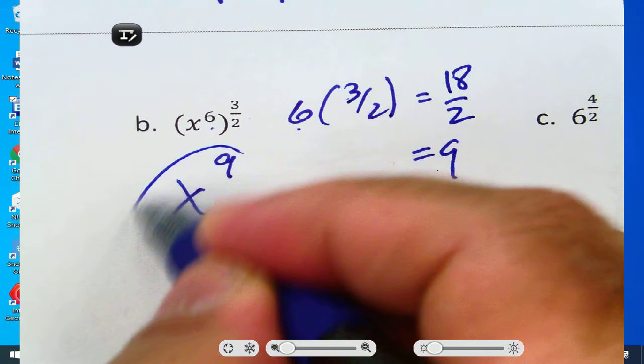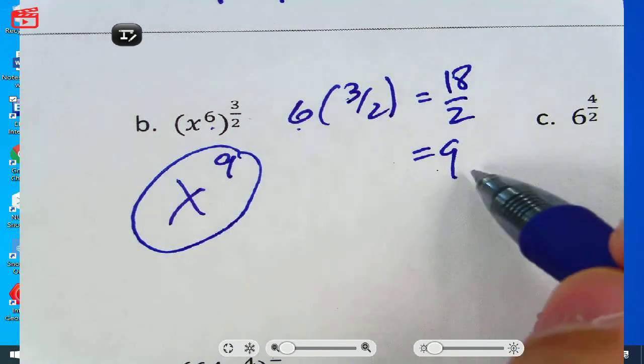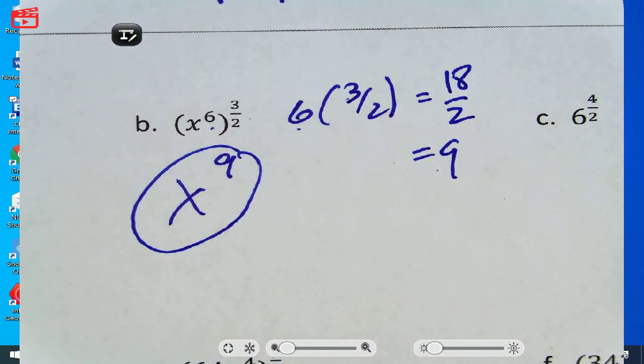So this is the answer. X to the 9 is the answer. Not 9, but x to the 9. Can you just write it out like we did the other ones and add the exponents? Like, can we do square root of parentheses x to the 6 and then put 3 on the outside?